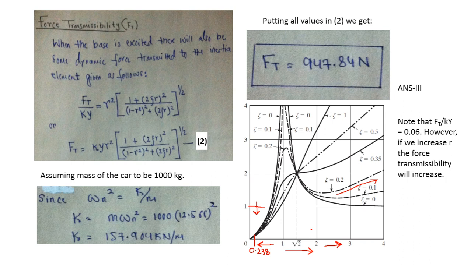So if you are driving on a rough road, you have to drive very slowly so that the value of r is as close as possible to zero. You are driving at a slow speed, and that is why the force transmissibility as well as the displacement transmissibility will be approximately 1 or less than 1.